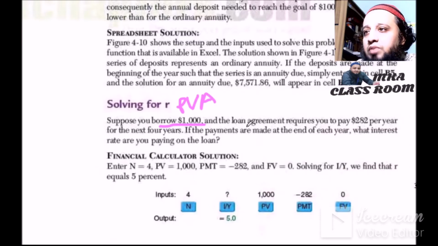And your loan agreement requires you to pay 282 per year for the next 4 years. That should be our PMT.